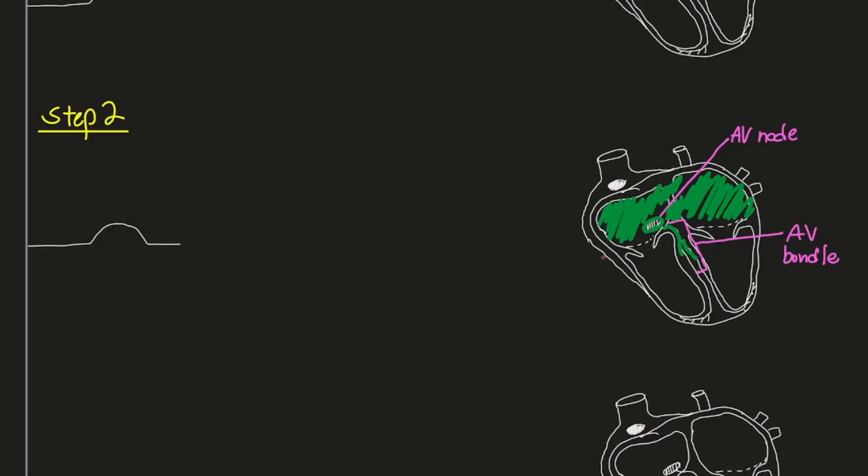The two important things that happen during this step are, one, our atria contract, again due to this conduction through our AV node and AV bundle. So the contraction of our atria is going to be a systole moment where it's pushing blood out. I'll label where the heart is now contracted in red.